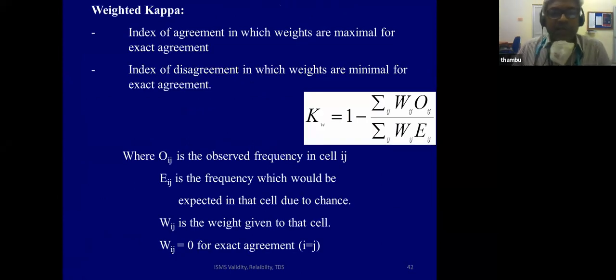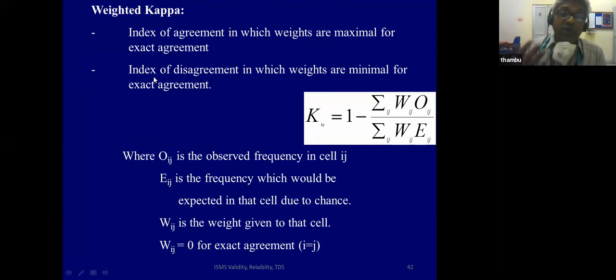For polytomous data, the kappa you are supposed to use is called a weighted kappa. Weighted kappa is the index of agreement in which weights are maximal for exact agreement, or the index of disagreement in which weights are minimal for exact agreement. So you're looking mostly at weights being maximal for exact agreement.